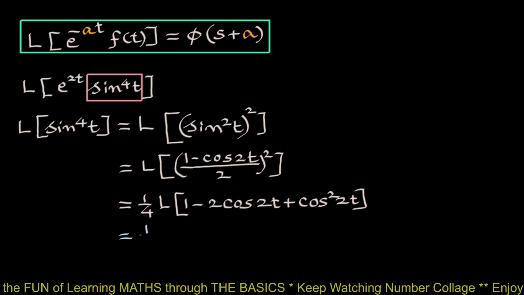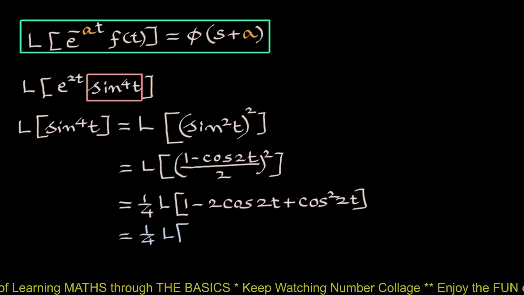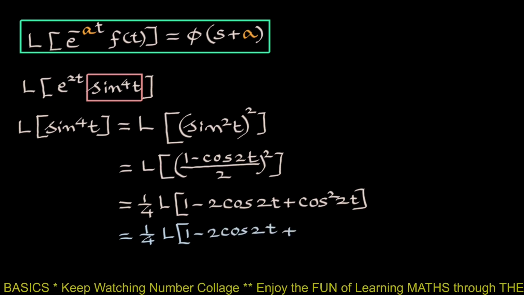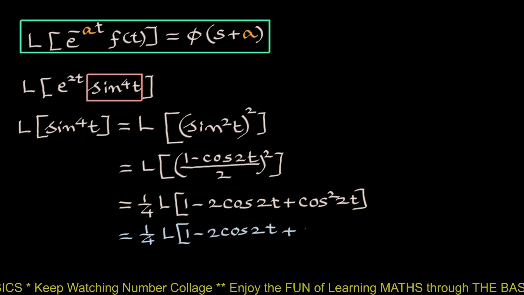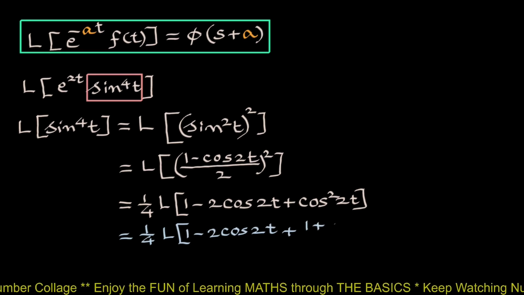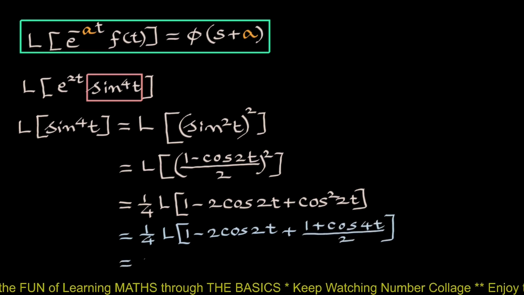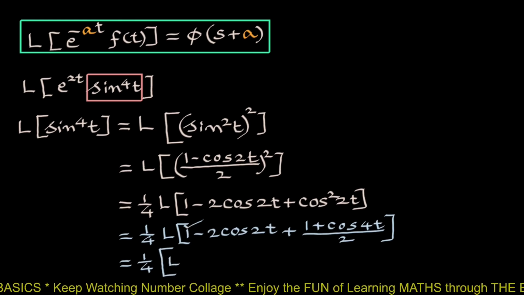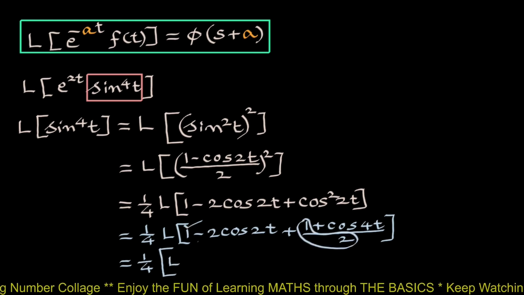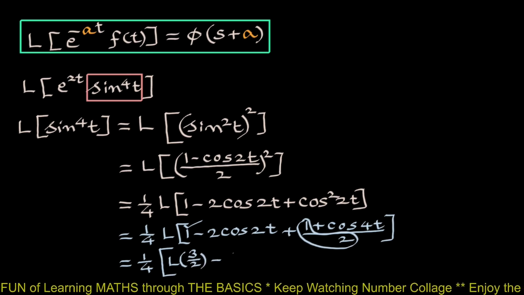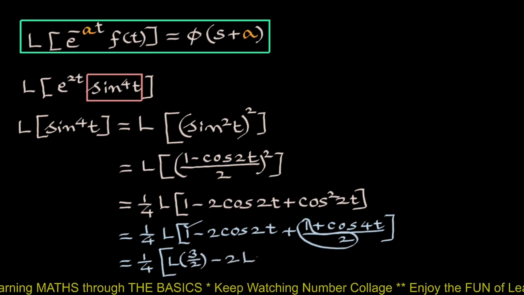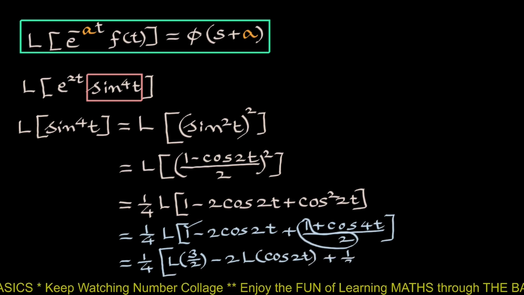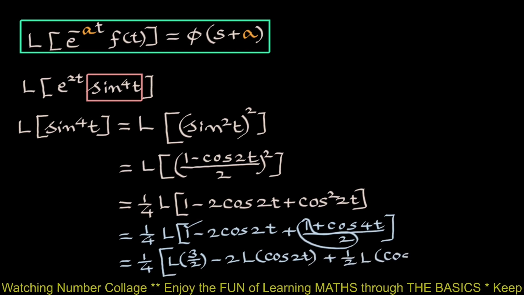For cos square 2t we write (1 plus cos 4t) upon 2, which is 1 upon 4 into the Laplace transform of 3 upon 2 minus 2 cos 2t plus half cos 4t.